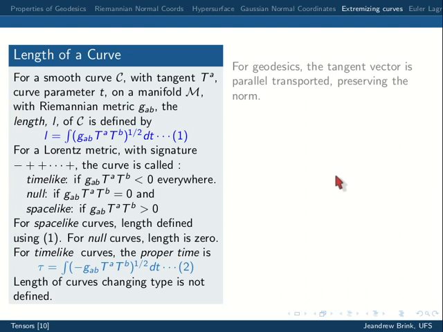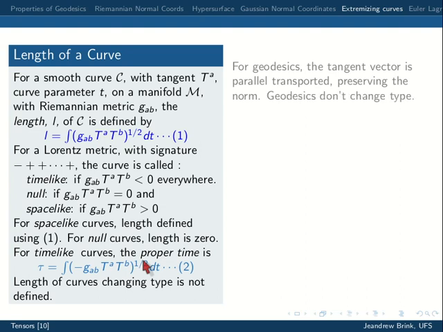So you can never have a particle becoming a light ray, and you can never have a light ray becoming a particle. So for geodesics, which is what we're going to be focusing on for the most part, we don't have this possibility that your contraction changes sign. Okay, and that's a good thing because then we wouldn't know what to do.